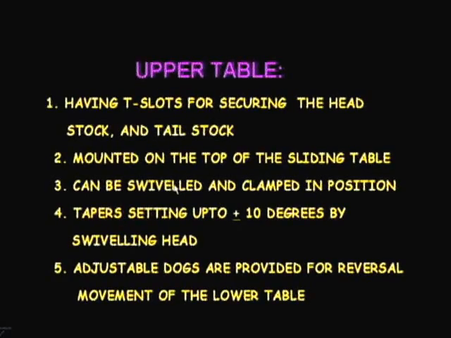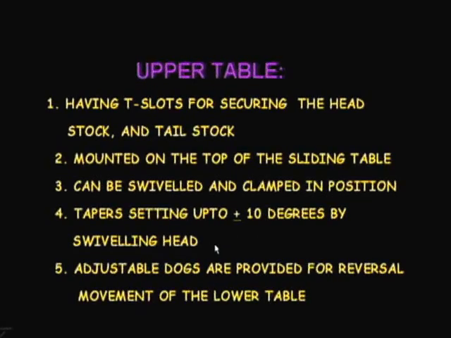And how much it can be swiveled, that is taper setting up to plus or minus 10 degrees by swiveling the head. So, for this upper table the swiveling head will be there, it goes for plus or minus 10 degrees, so that taper setting can be done. Next, adjustable dogs are provided for reversal movement of the lower table. So, adjustable dogs are for reversing the table, either moving left to right or right to left. When you want to reverse the movement, then these dogs will be used.